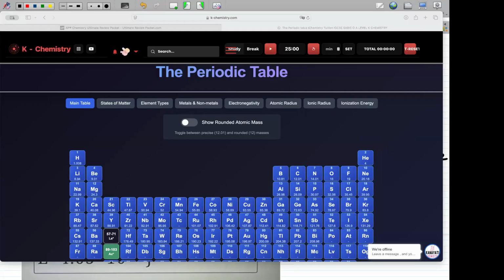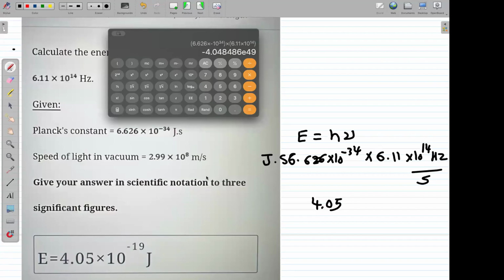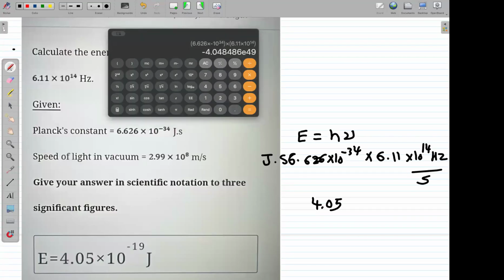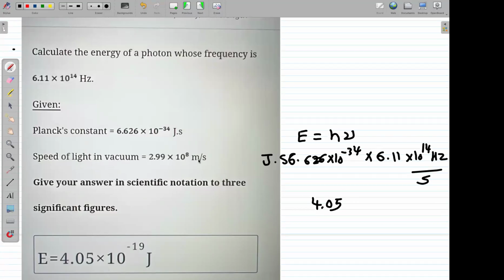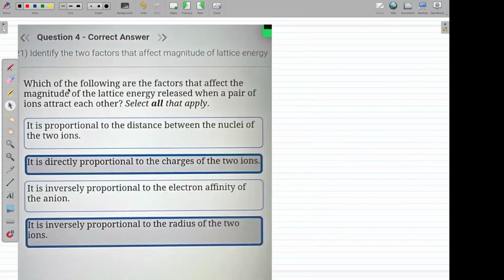Let's see the next question. The next question is number 4. Which of the following are the factors that affect the magnitude of the lattice energy? Last time we explained the relationship.